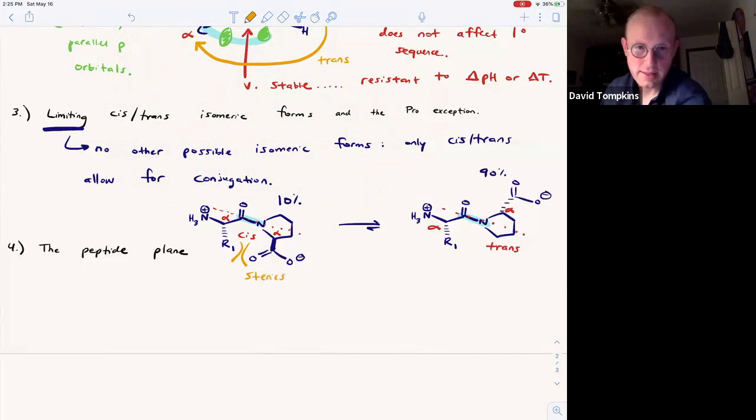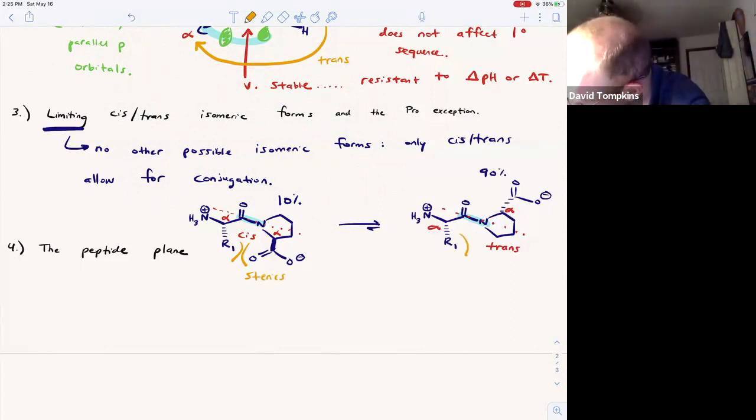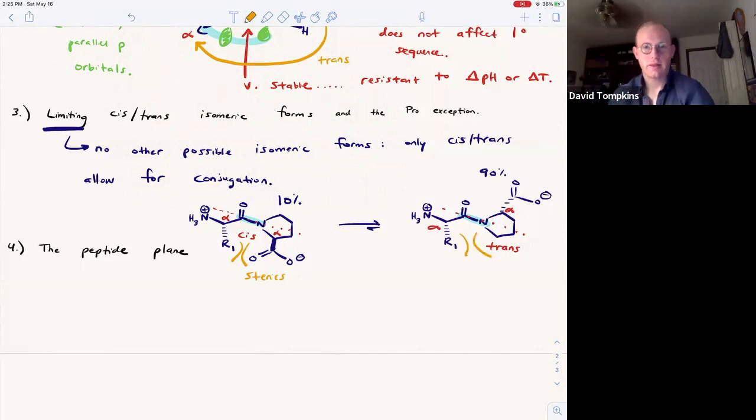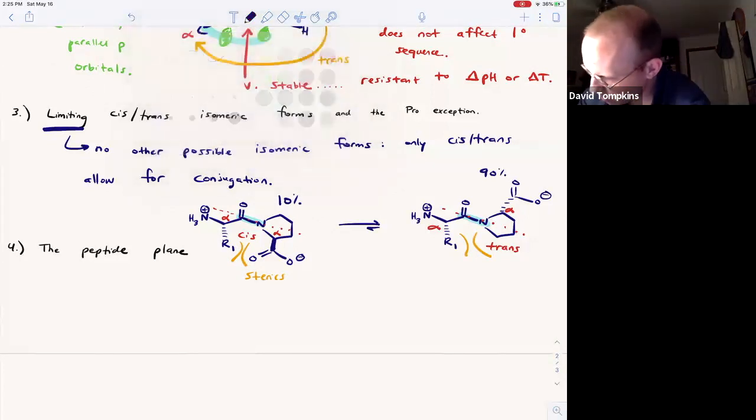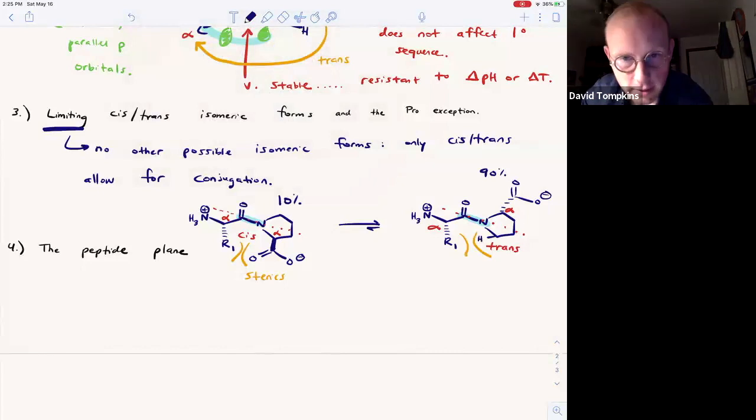That's destabilizing cis to a great extent. But in the trans conformation, you still have steric clash between that R group of proline and R1. Remember, there are, of course, hydrogens here that are branching out, and those would cause some steric strain.